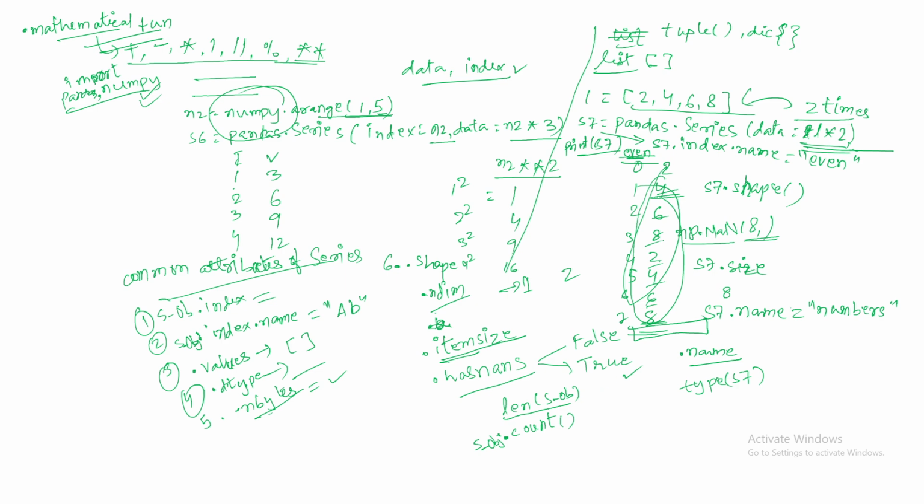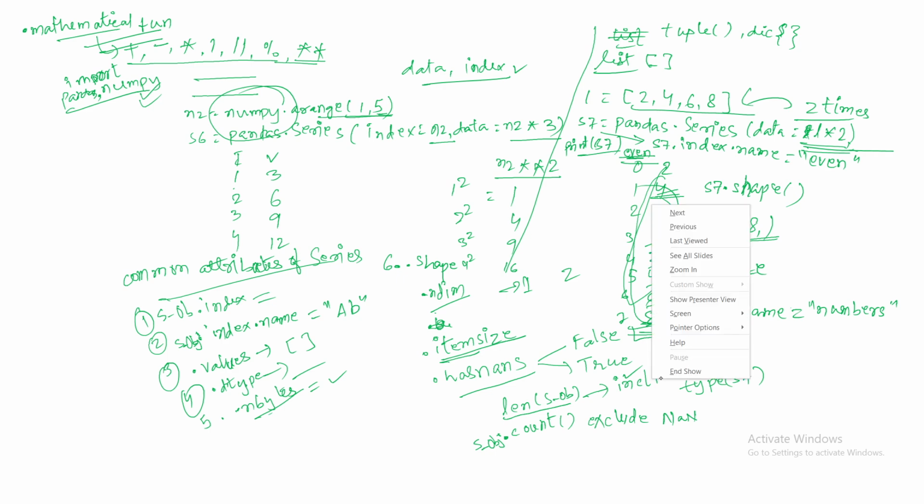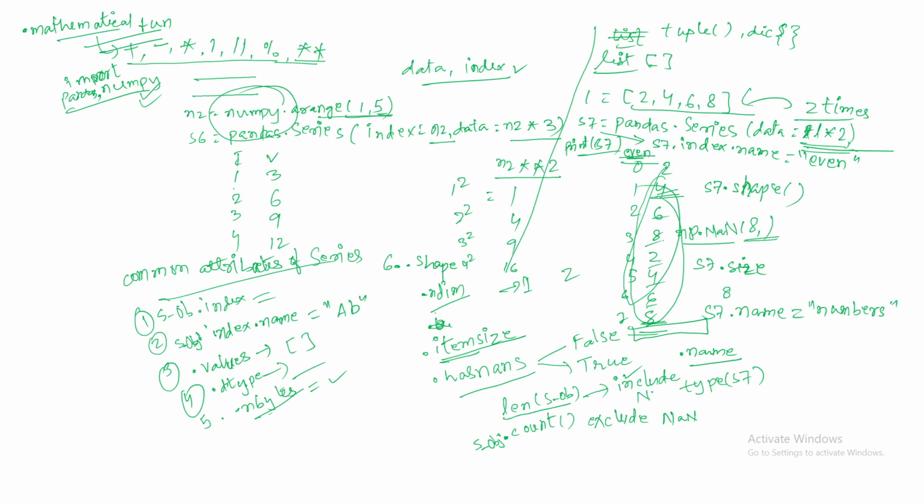If any missing values are there in this series, it will count everything, but count will exclude the missing values.